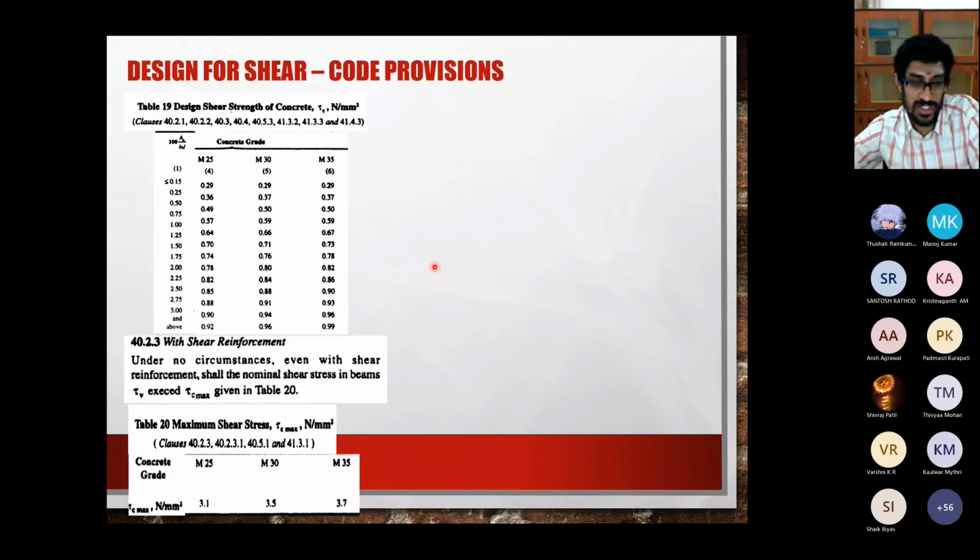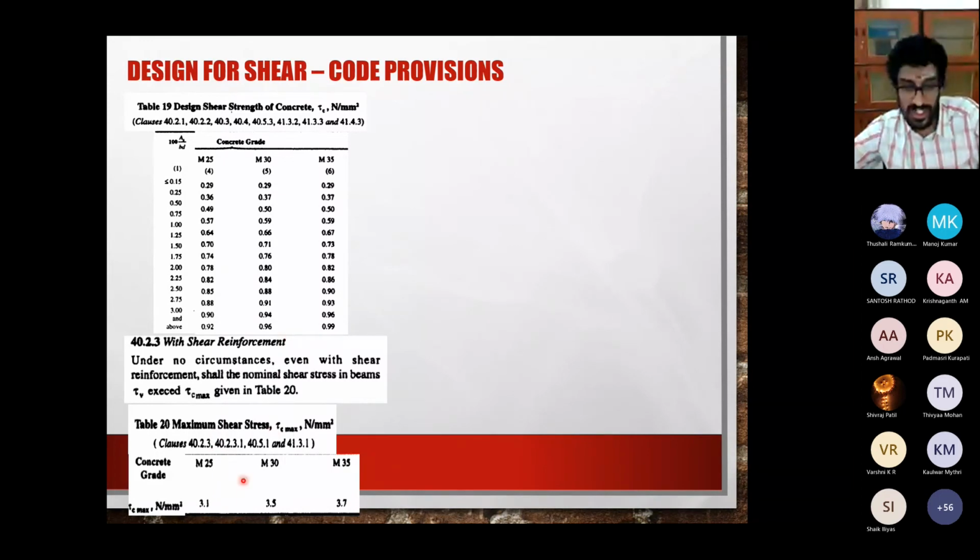What is this tau c? You have your applied shear. That applied shear should not exceed any of these values. The applied shear divided by BD gives a certain value of stress.